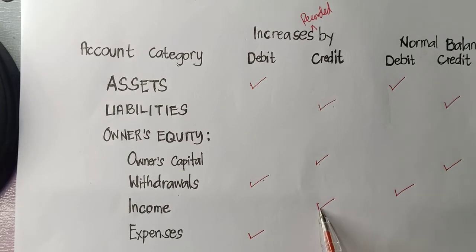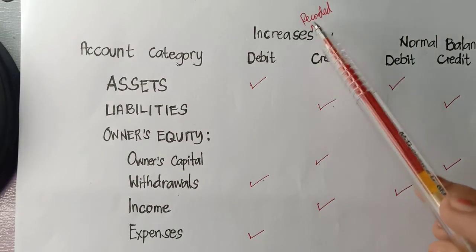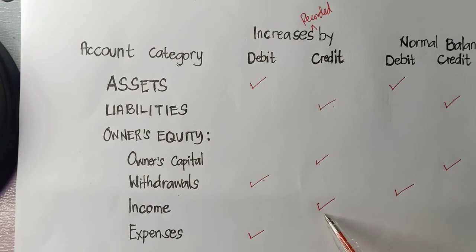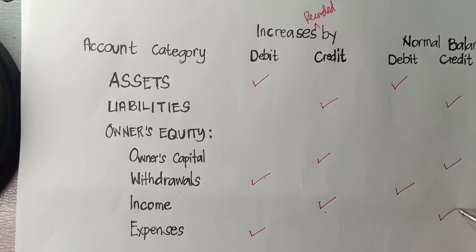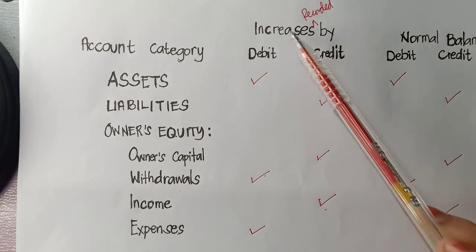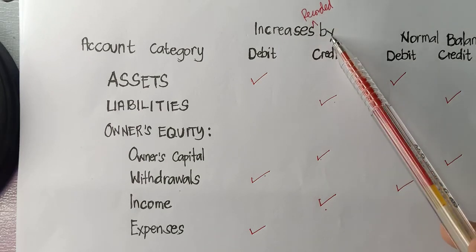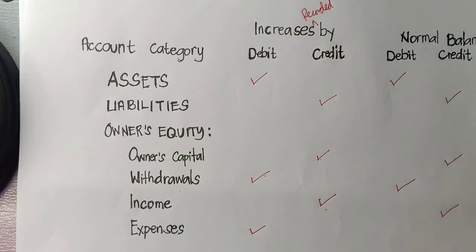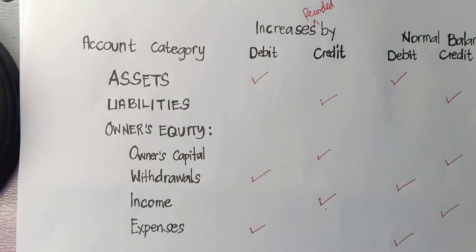Next, in income, increases are recorded by what? Credit. Therefore, the normal balance is also credit. Here, in the expenses, increases are recorded by what? Debit. Therefore, the normal balance is also debit.